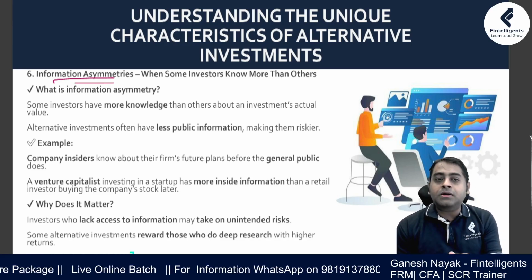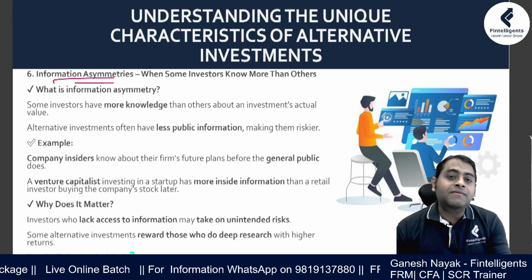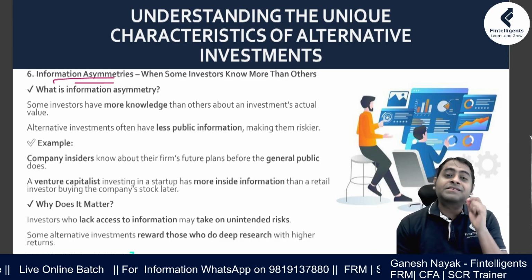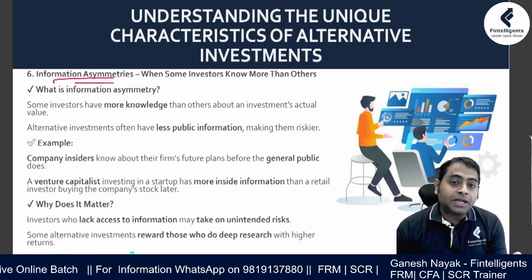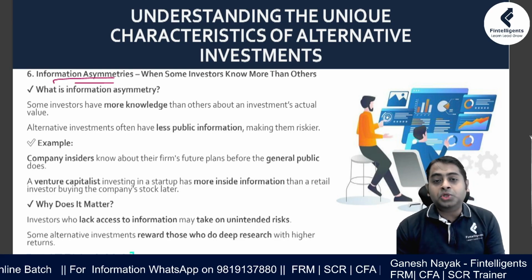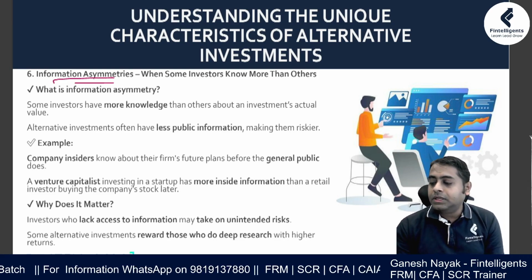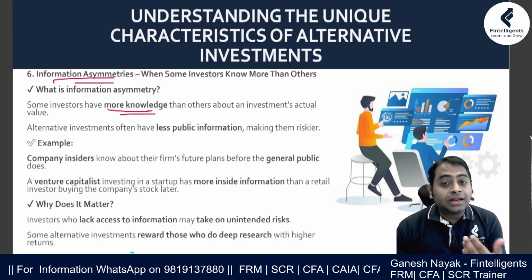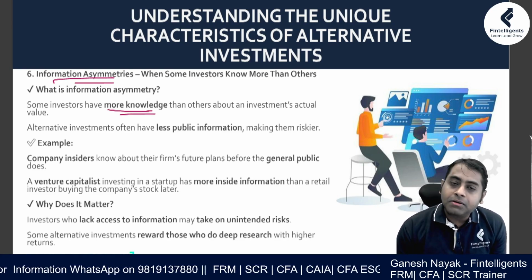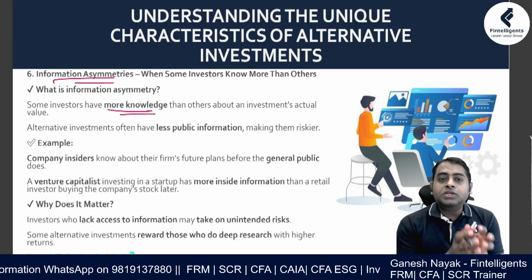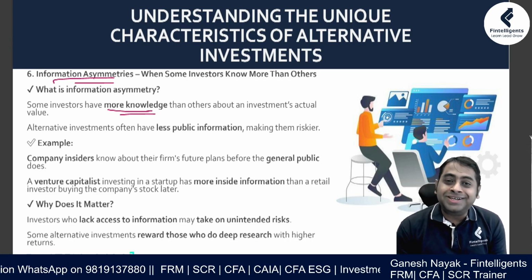So whenever you enter into niche products, alternative investment products, there is always a risk that there is going to be some party which is going to have more information than you. Some investors have more knowledge than others, so they would try to benefit from it. Why is this happening? Because the market is not structured, it is not transparent.